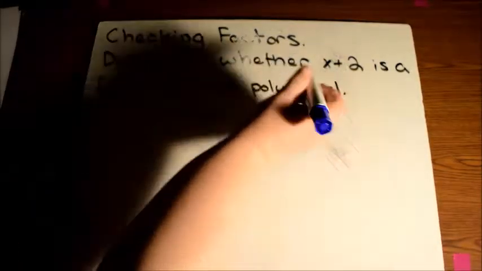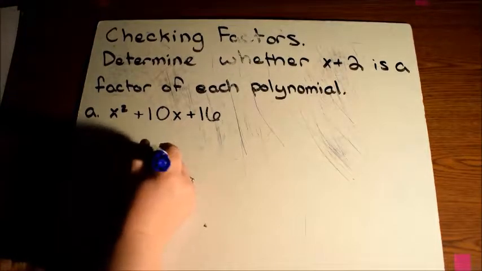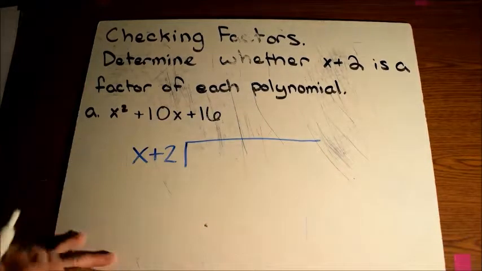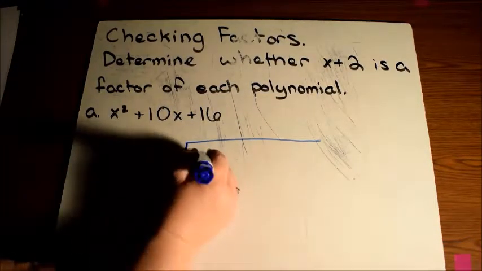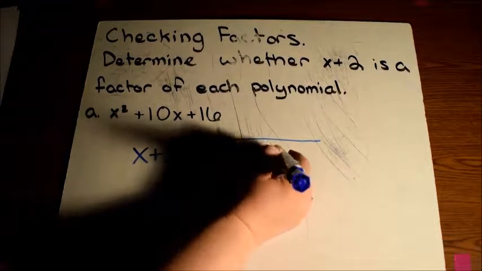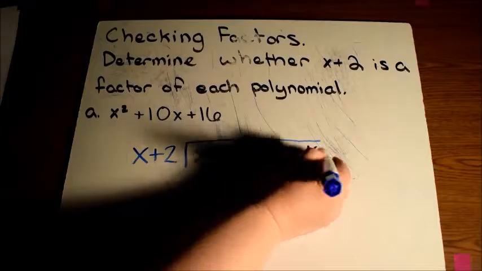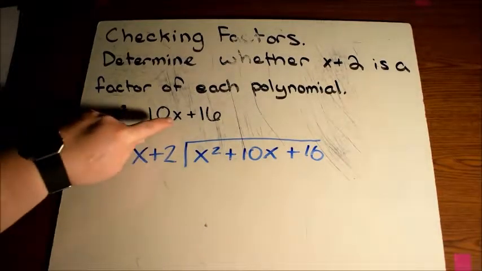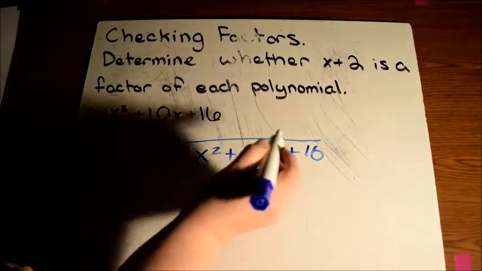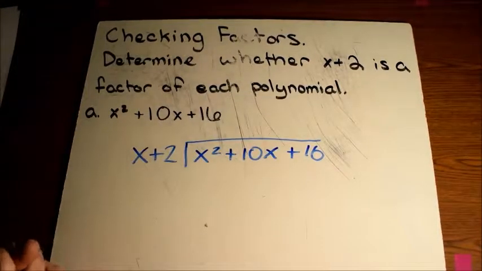This is the thing we're dividing by, so we write that first, x plus 2. And then our polynomial goes underneath here. X squared plus 10x plus 16. We took into account to make sure that we took care of every term. We started with 2, 1, 0.